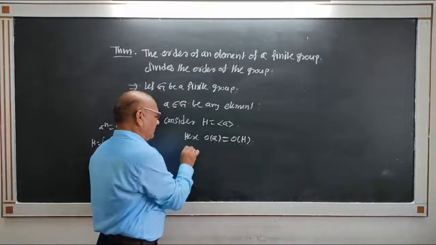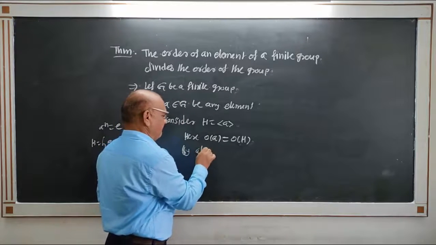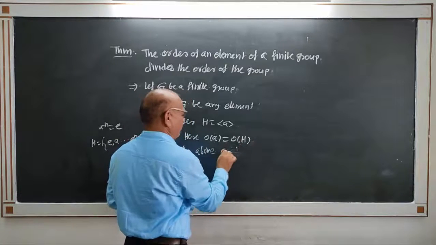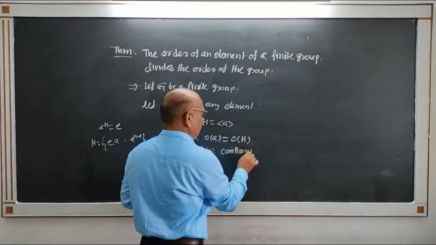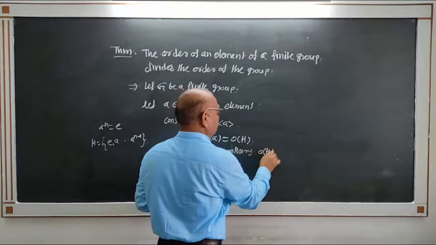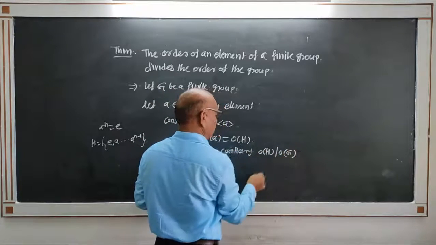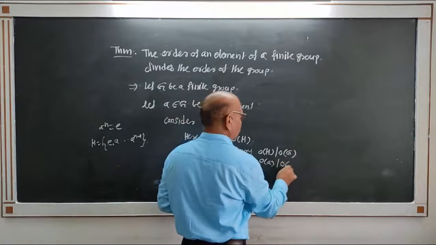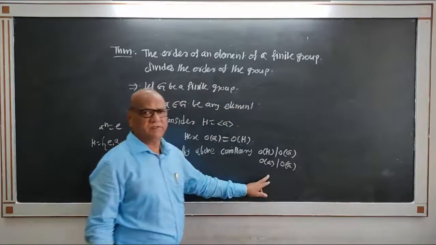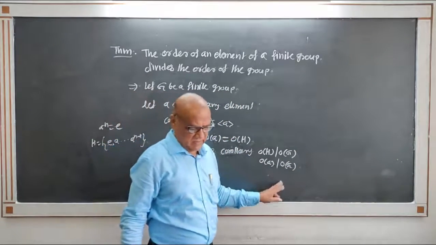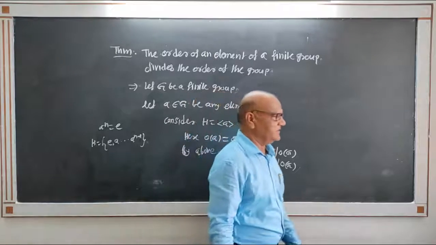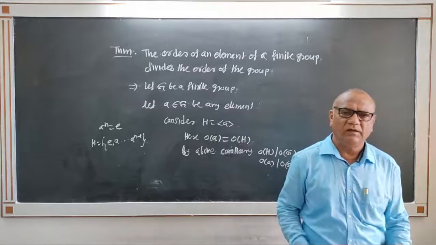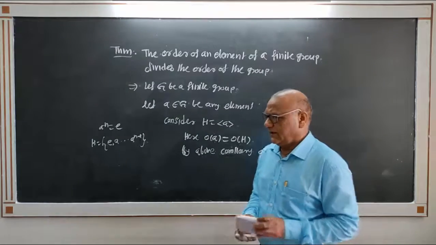By the above corollary, the order of H divides the order of G. That means the order of A divides the order of G. The order of an element is a divisor of the order of the group.